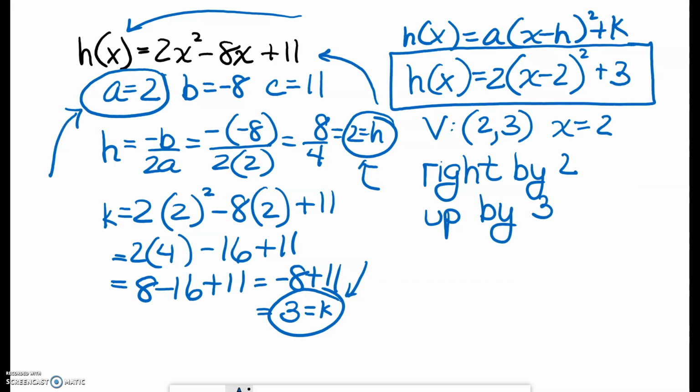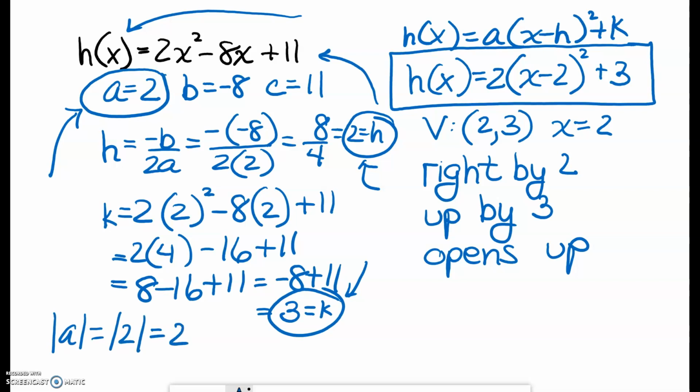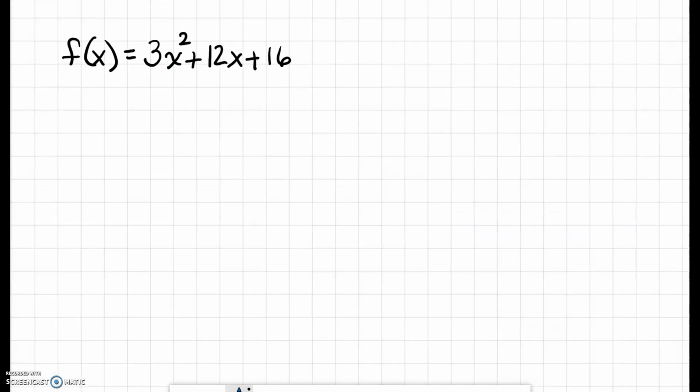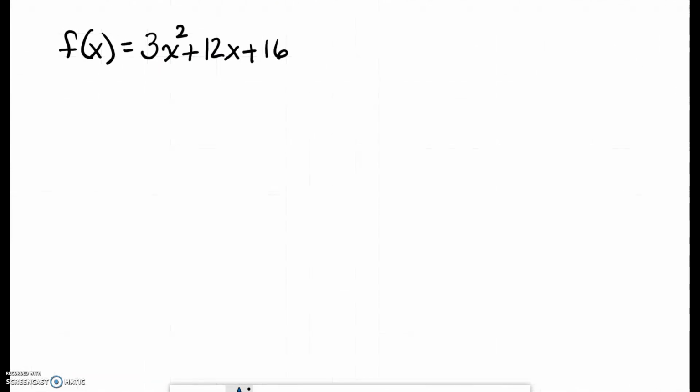A is positive, so our graph opens up. The absolute value of A is 2. So since that's greater than 1, we have a stretch by 2. Okay, so now let's go ahead and do our next example.